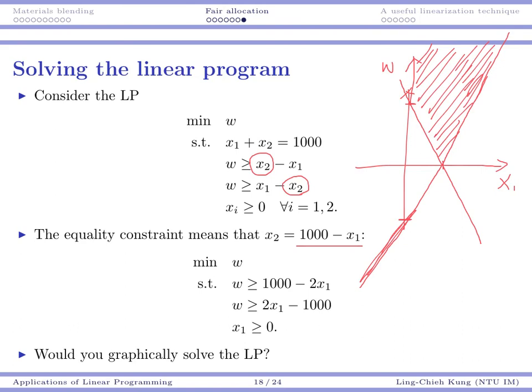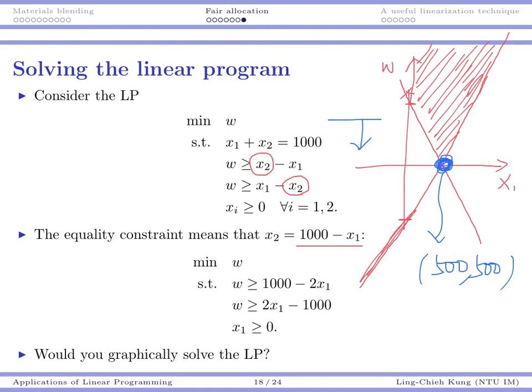Now, what we want is to minimize w. So the optimal solution must be here. And it's very easy to verify that this is indeed 500. So this very quickly verifies that our LP here really gives you the fair allocation, a fair allocation 500.